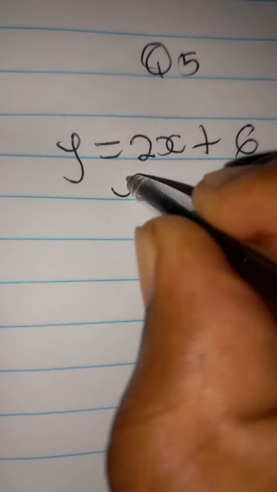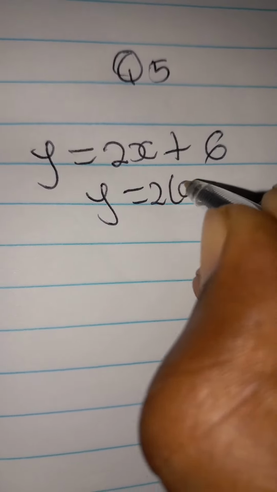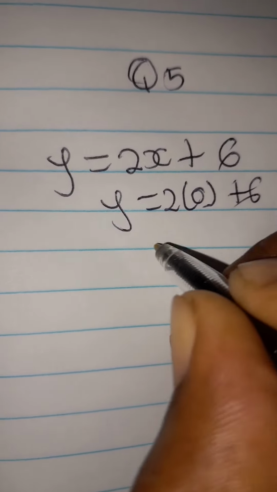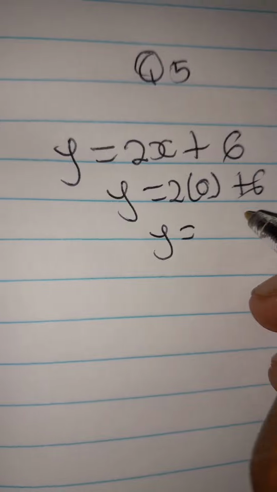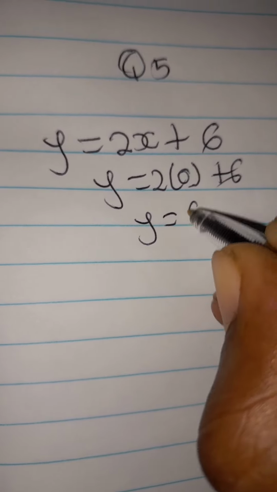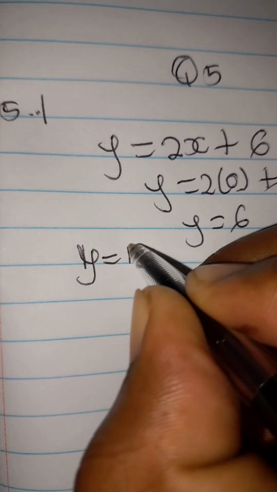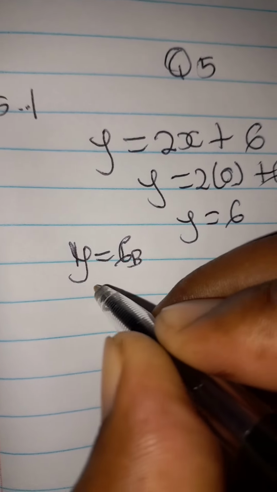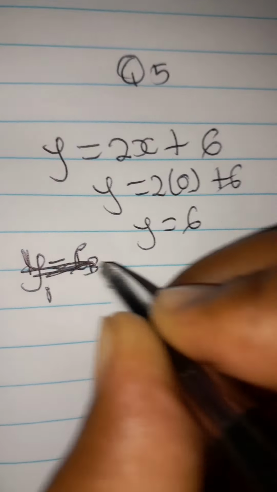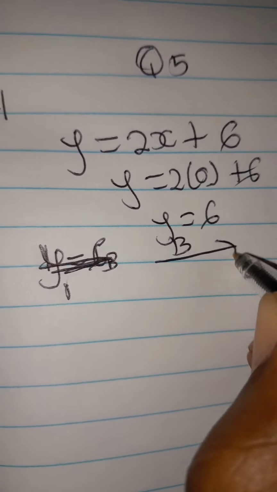In other words, let x be 0. Where there is x, we replace it by 0. So 2 times 0 is 0, 0 plus 6 is 6. So the y-coordinate of B is 6, and you get 1 mark for saying that.